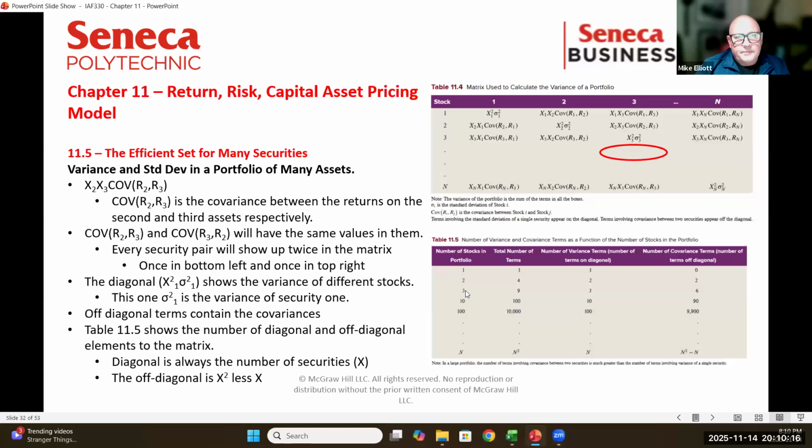If we have 3 stocks, we have 9 boxes in the matrix. We're going to have 3 variance terms that we come up with, and we're going to have 6 covariance terms that we come up with, et cetera. So you can see as the portfolio gets large, the math becomes very painful.